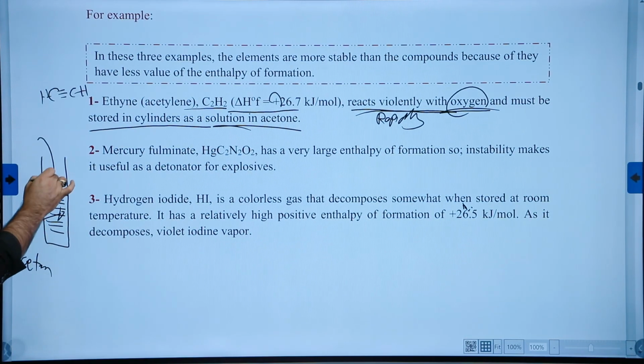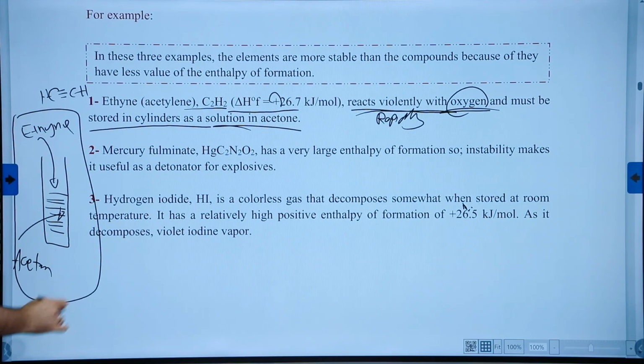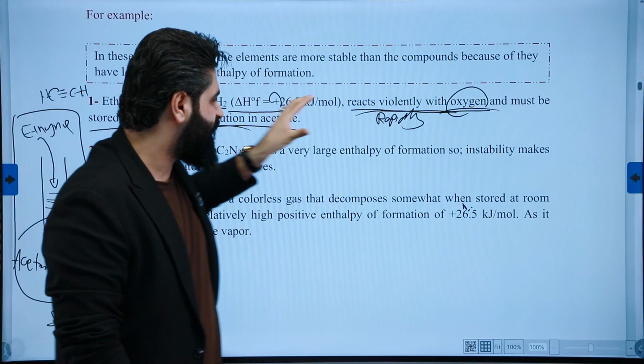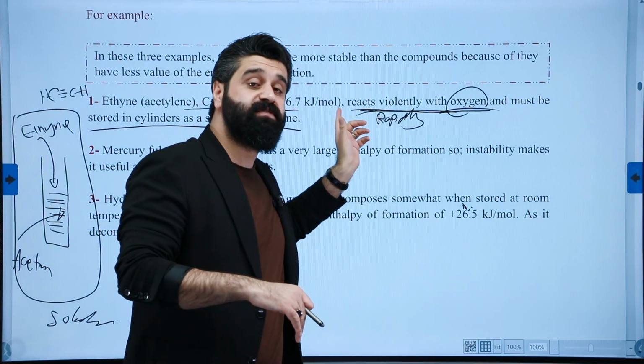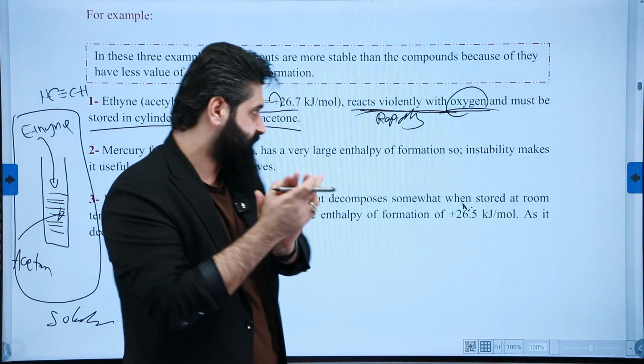And next, we will dissolve ethine here. So this is used to store ethine, which is a solution. So ethine is stored in acetone as a solution. Why? Because we should prevent its contact with oxygen. Since it has a positive value of delta HF, it will react with oxygen rapidly, violently.